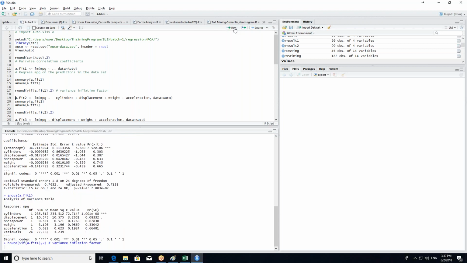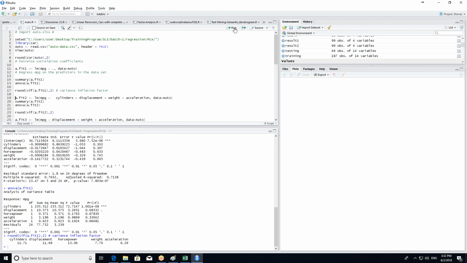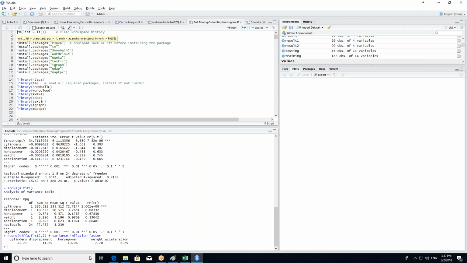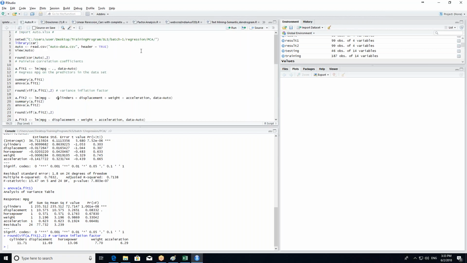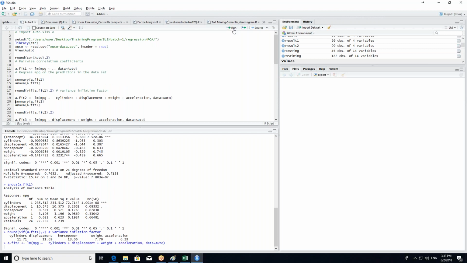Okay, so what I will do, I'll compute the VIF, right? This is my multivariate regression model, and I can see the response with the VIF.